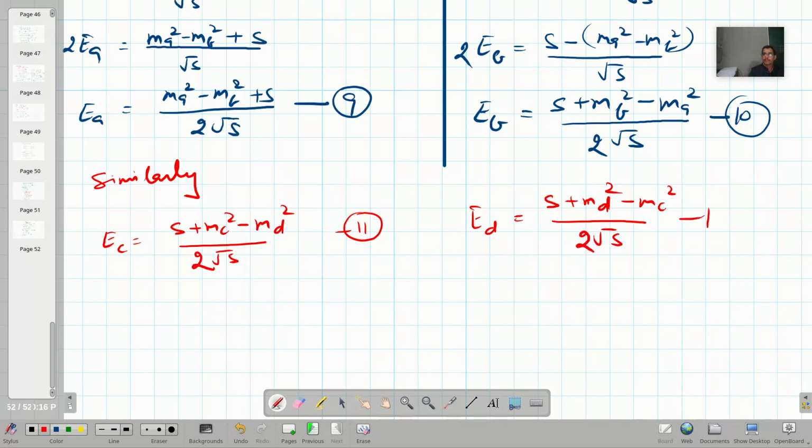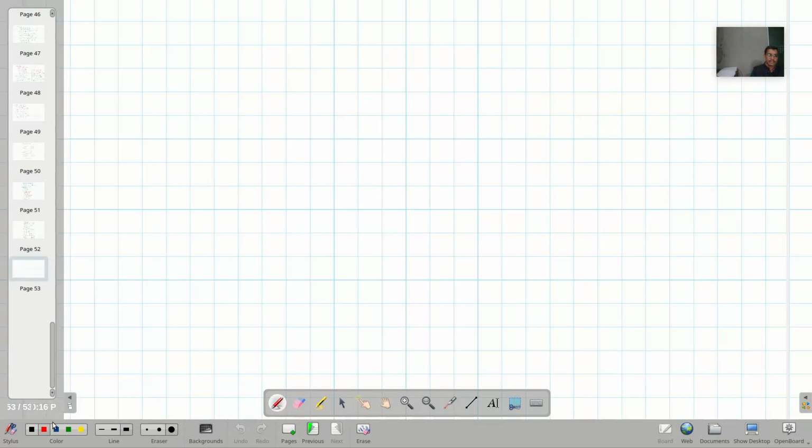These are equations number 11 and 12. So let us now calculate the scattering angle.